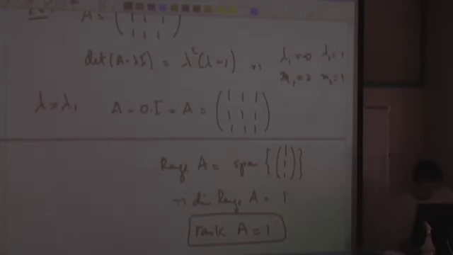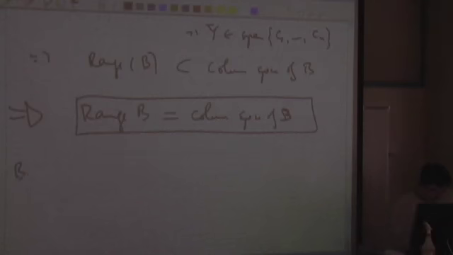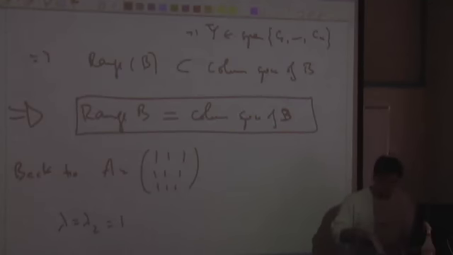But how about, let's take the other one. So back to the matrix A. But now let's take lambda 2, which was 1. Is it 1? Are you sure?